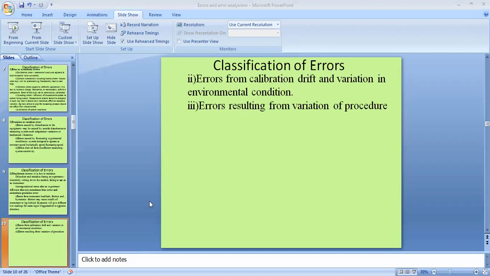Suppose your phenomenon shows a rise of 8% in performance, but your measurement itself has 10% error. Then no one will believe your results.